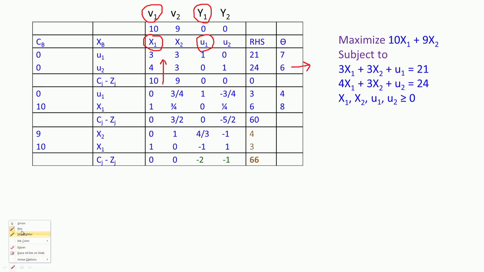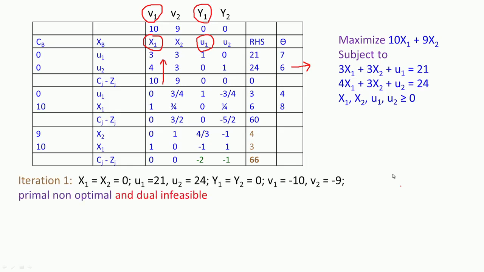Now let us try to understand what is actually happening here. In the first iteration, we had x1 equal to 0, x2 equal to 0. From the solution, u1 is 21, u2 is 24, which implies x1 and x2 are non-basic.